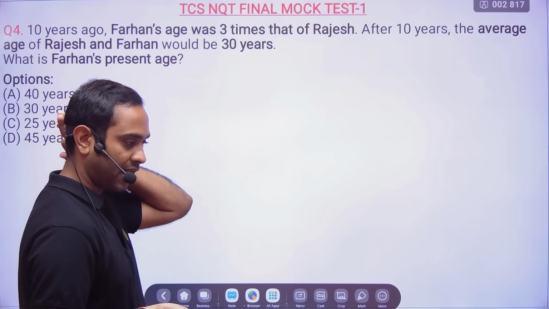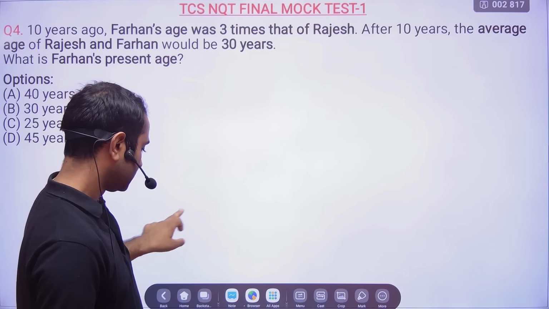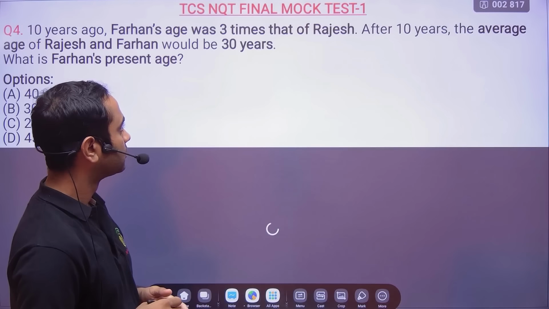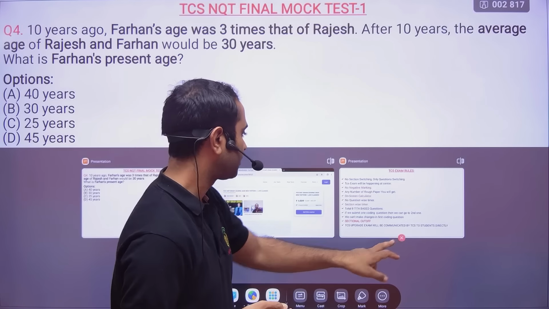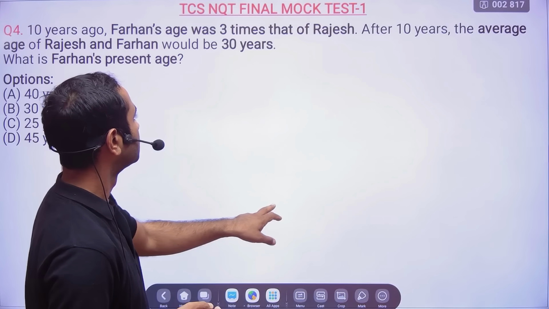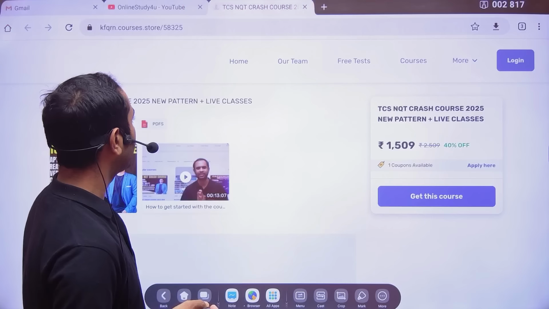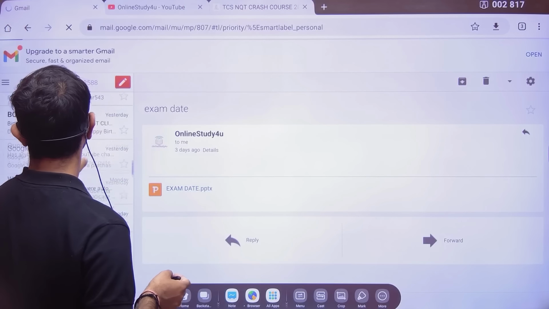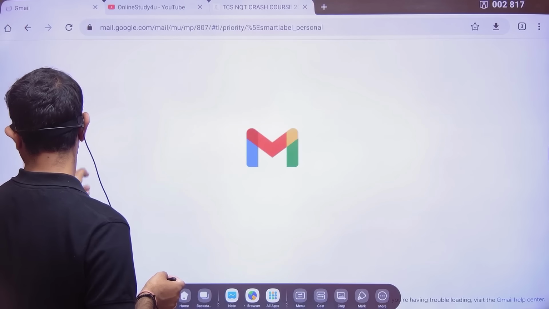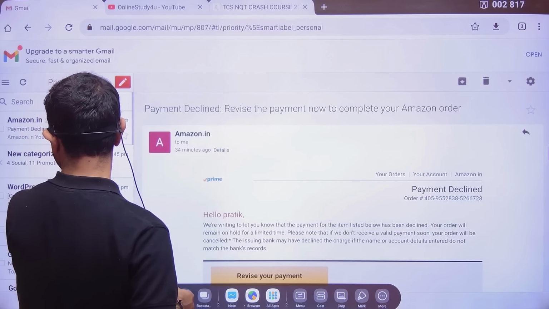Otherwise, sometimes this slide only gets stuck here. What happened? Just a minute, this slide is stuck. Let me close this off. I'll have to reopen the slides.